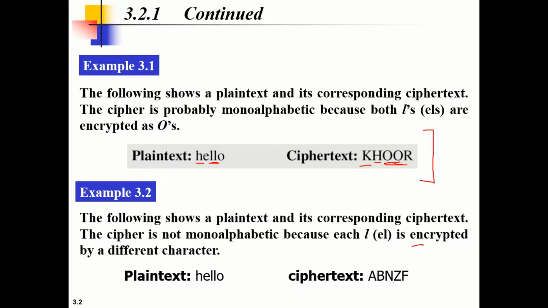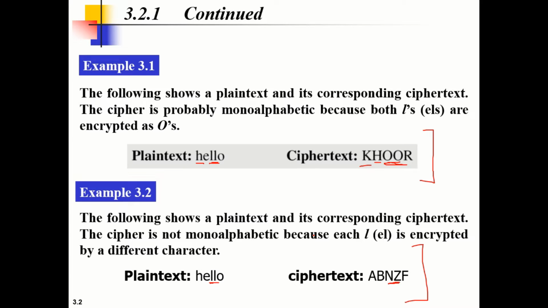And this kind of encryption is not monoalphabetic, because here you can see both of these L's have different values in the encrypted message. So this is not monoalphabetic.